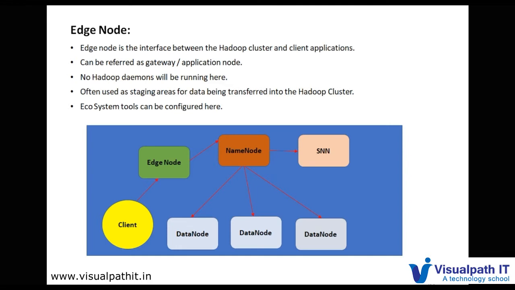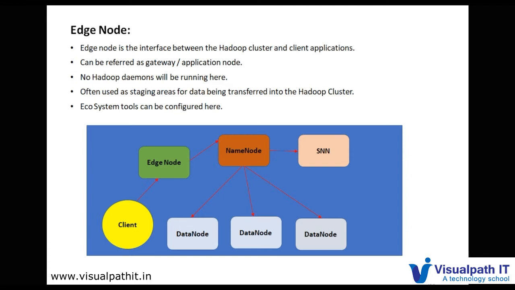Okay, and the edge node is a node that is the interface between the Hadoop cluster and client applications, and it can be referred to as a gateway or application node. Also, on the edge node no Hadoop services run. What are the Hadoop services? NameNode, data node, job tracker, task tracker.